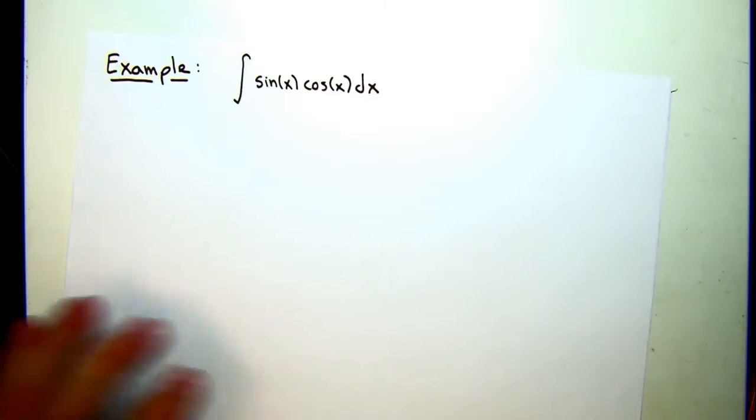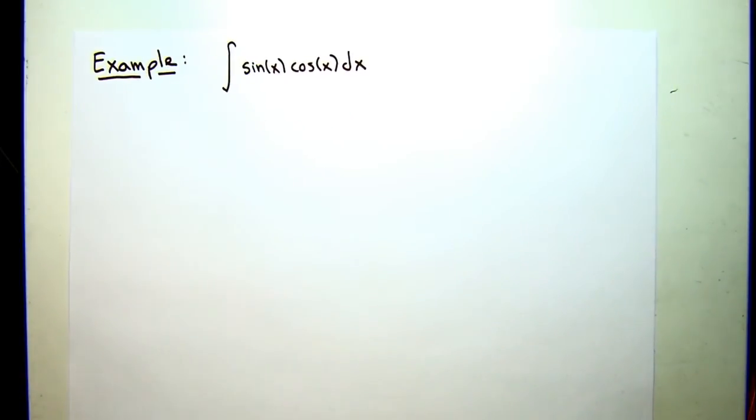Well, let's try something a little bit interesting. Suppose I ask the following. What is the integral of sine x cosine x dx? Now, I think we could actually integrate this without doing integration by parts. For instance, we could do substitution, and we'd get the answer.